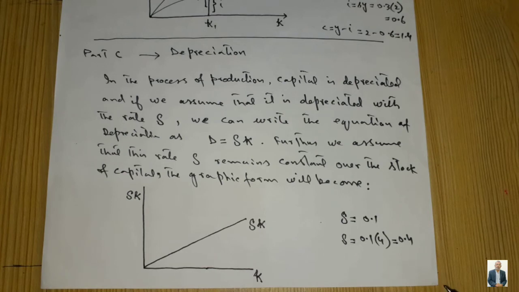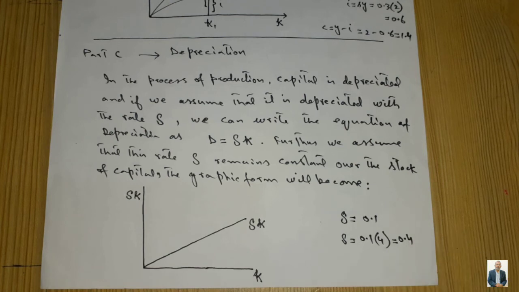So in the process of production, capital is depreciated, and if we assume that it is depreciated at the rate of delta, we can write the equation of depreciation as D equal to delta K. Further, we can assume that this rate delta remains constant over the stock of capital. This means when the stock of capital increases, the capital depreciation increases but at a constant rate.